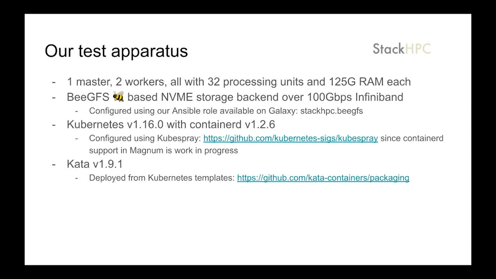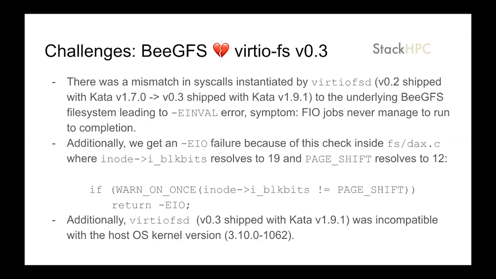At the time we ran this, we were using Kubernetes version 1.16, which is 2 releases prior to the current latest. We were using Kata version 1.9.1, and I think at present it's at 1.10, if I remember correctly? Yeah, that's correct.